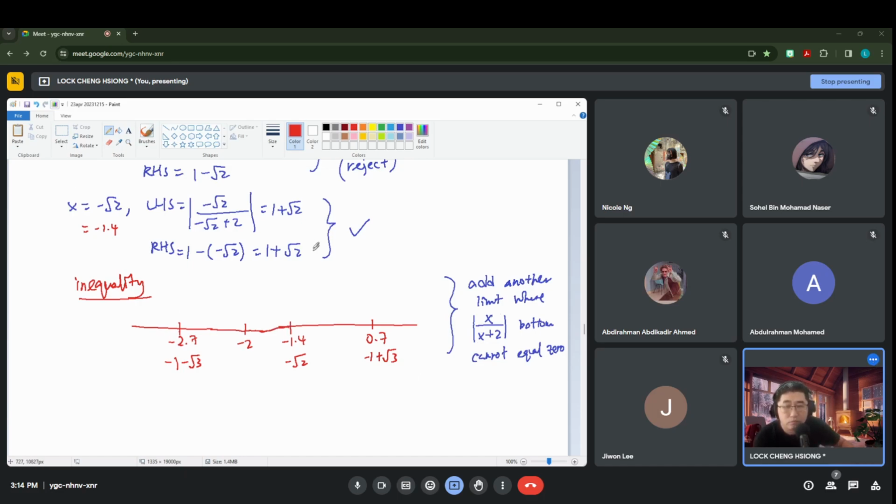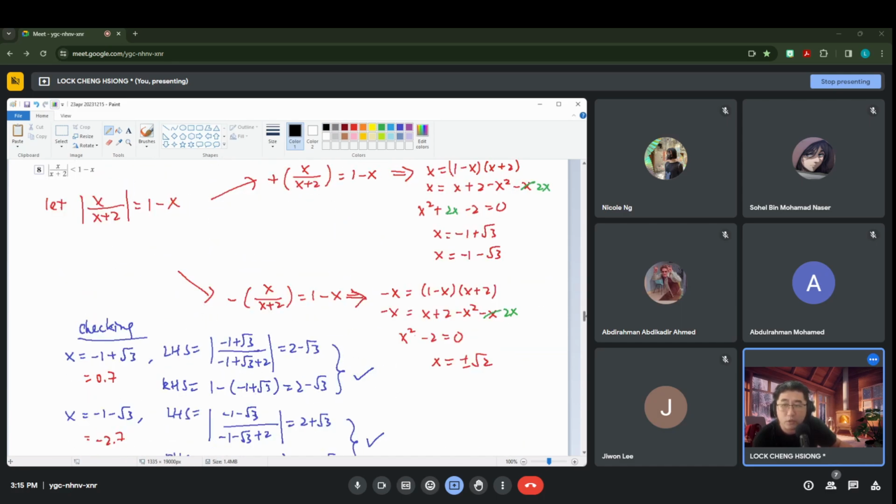So I will use the test point method. Test point. Maybe this one with 1, this one is 0, this one maybe negative 1.5, this one maybe negative 2.5, this one maybe negative 3. Don't forget our inequality is this.